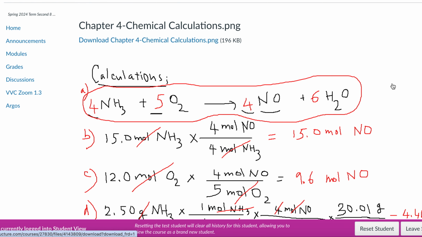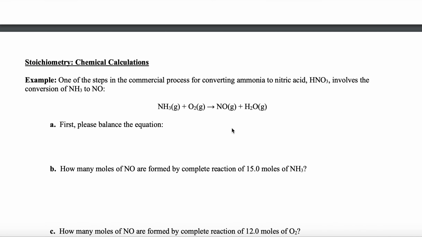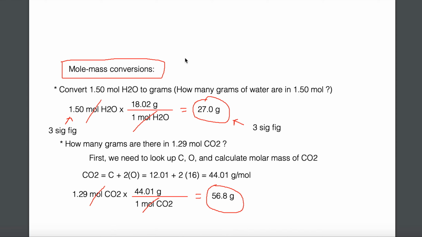Okay, I want to show you the first thing we got to do is to balance equations for that problem that we were talking about. The ammonia reacts with oxygens to give us NO plus water. Okay, here it is.